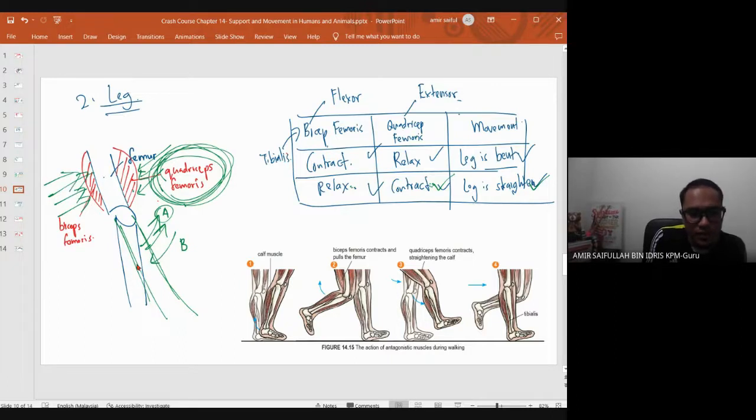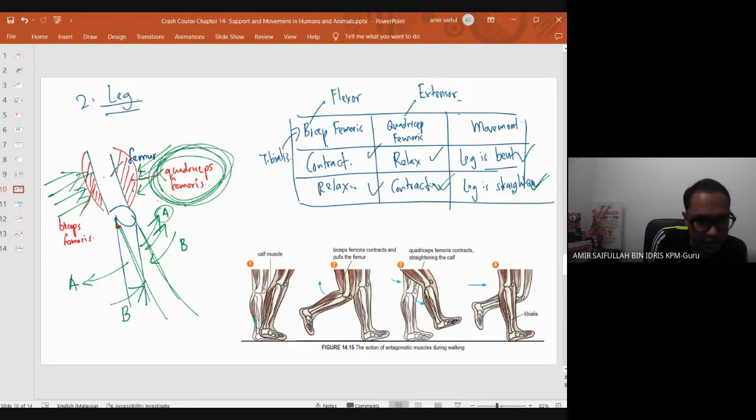Bicep contracts, direction goes where? A or B? Yes, of course the direction will go towards A.